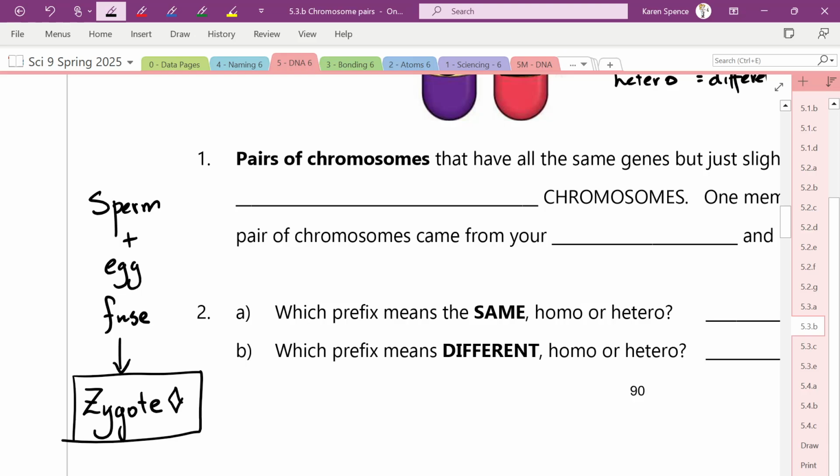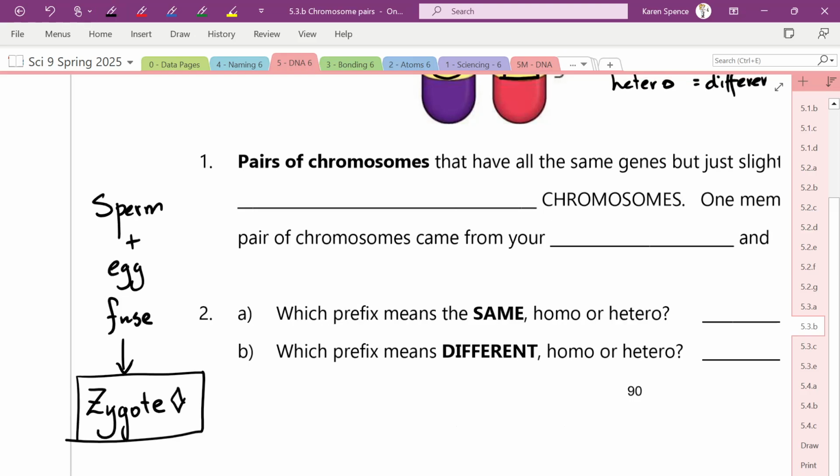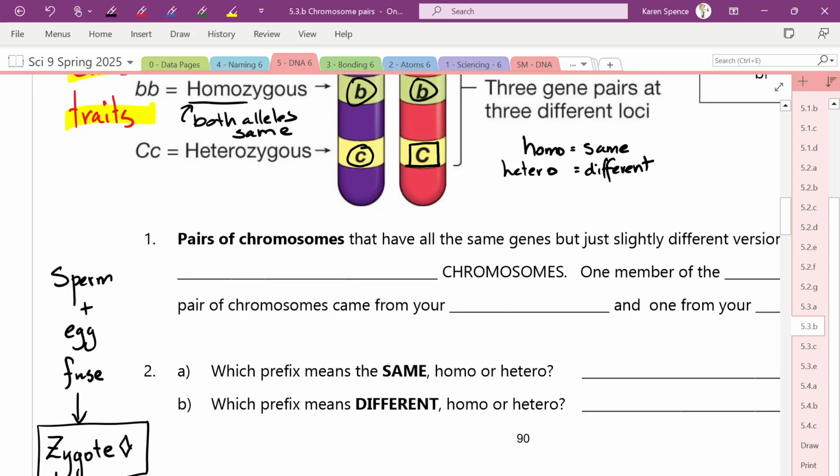That's called a zygote. And that's why if you have 2 different genes, one comes from mom, one comes from dad, they come together in that zygote, and if they're the same, it's homozygous. And if they're different, it's heterozygous. Okay, so that's a lot of new words. That's okay.